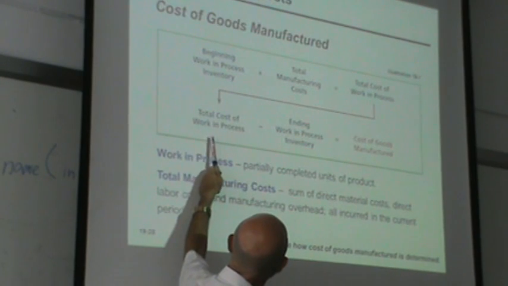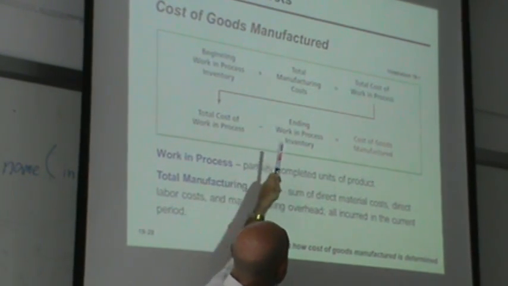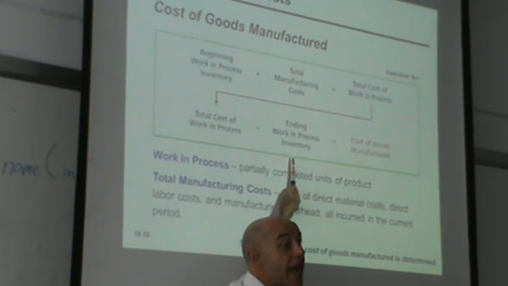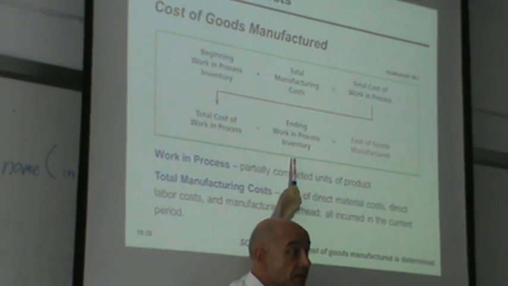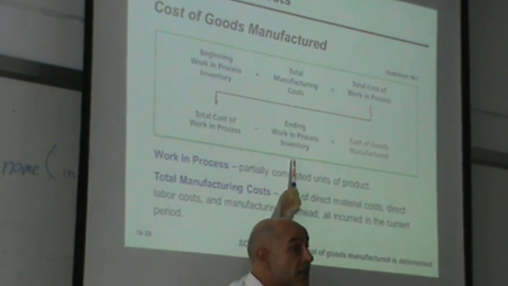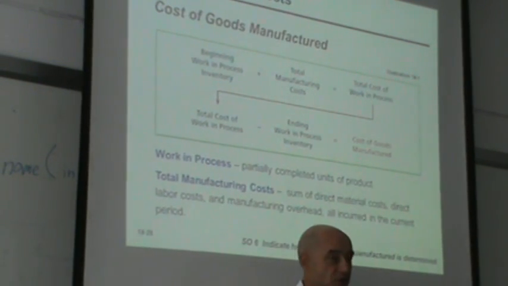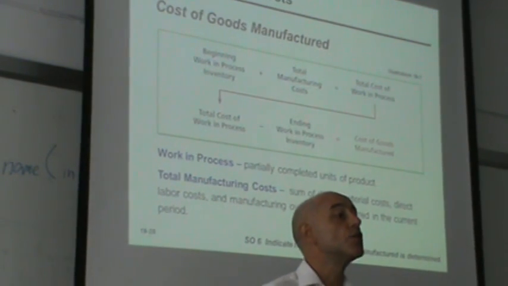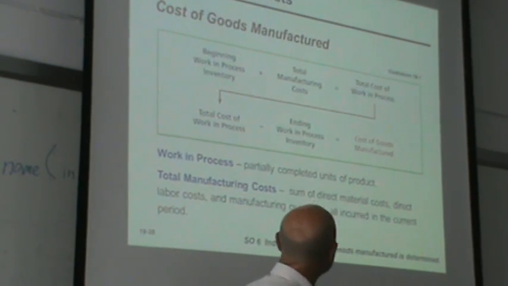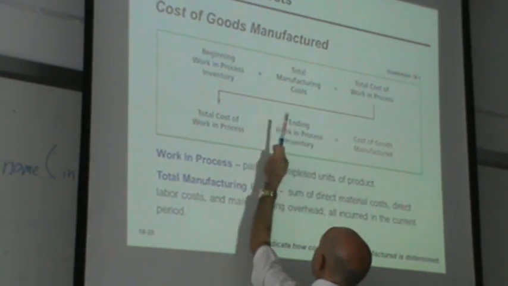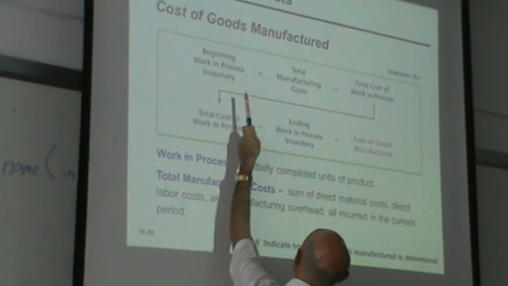Then you take the total work in process, you subtract the ending inventory. You subtract the ending inventory and you get cost of goods manufactured. So you get the cost of goods manufactured by getting the work in process.